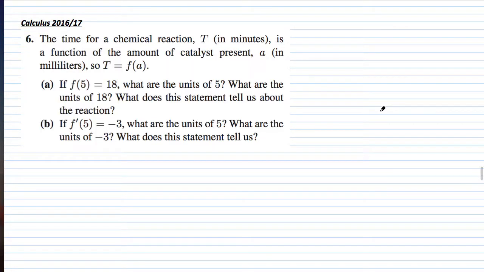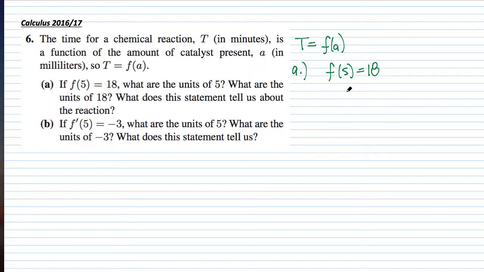Question 6 says the time for a chemical reaction T, measured in minutes, is a function of the amount of catalyst present, A, in milliliters. So we have T equals some function of A. Now, part A says f of 5 equals 18.